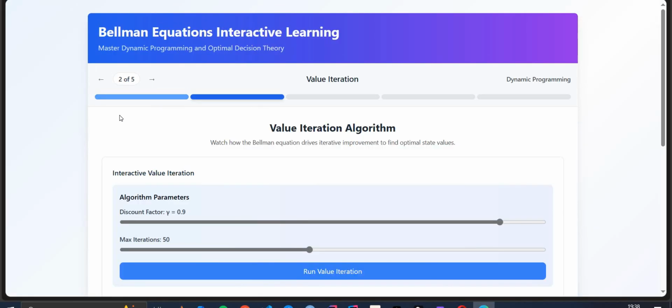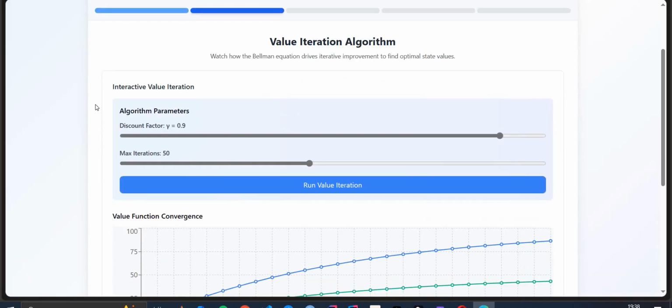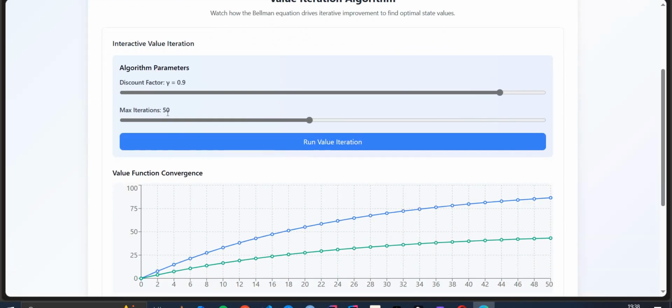Okay, so here we'll talk about the value iteration algorithm. Looking at this section of the screen, you can see sliders for two key parameters. And what are they? Let's look at this. The discount factor gamma and the maximum number of iterations.